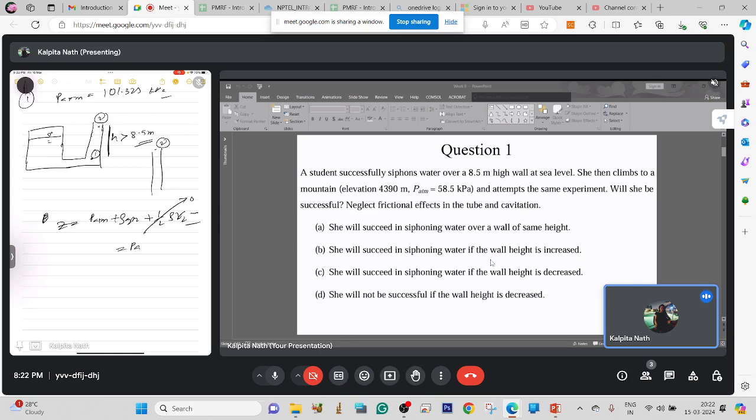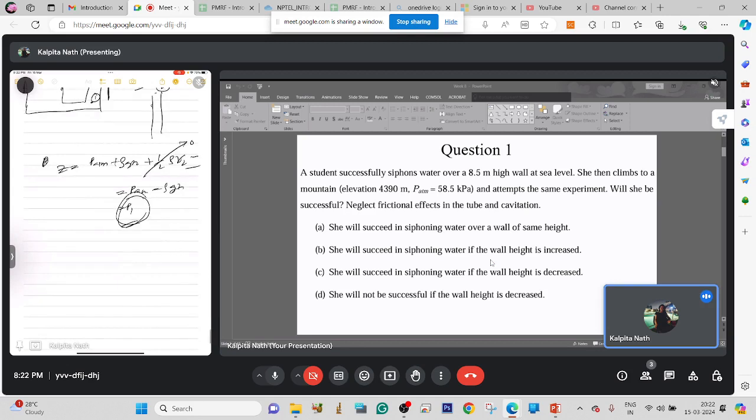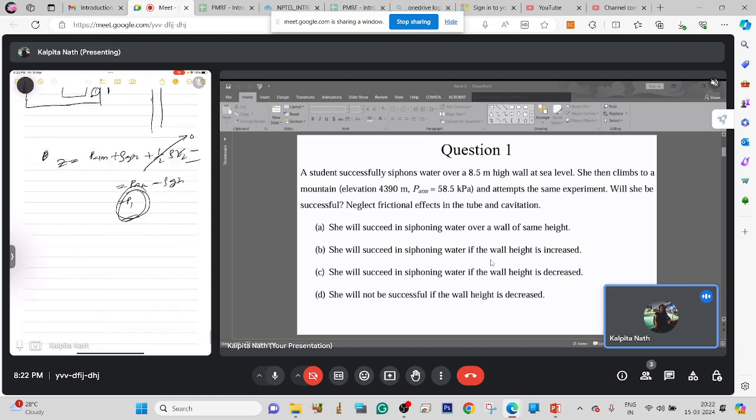So this is equal to P atmospheric plus rho g h is equal to P1. But P1 should remain the same, let's suppose, even when that person goes to the mountain top, right? So when she goes to the mountain top, P1 is equal to P at sea level plus rho g times 8.5 meters.